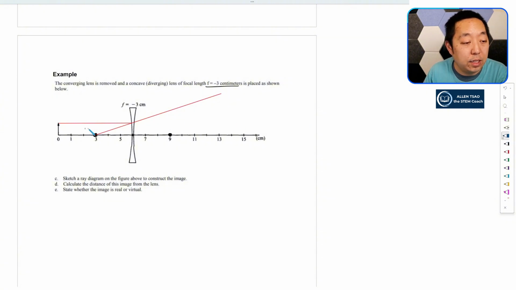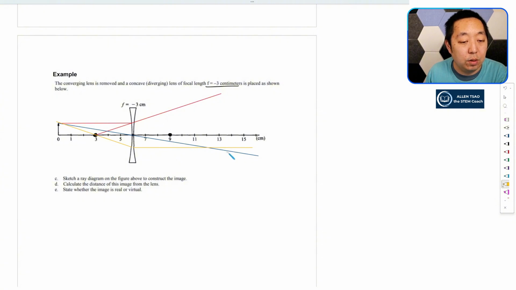And then anything that goes through the center is not going to change. And anything that heads towards the focal point here will then bend horizontal, like that. Okay. So now, where do they intersect? Where does it look like the light rays are coming from?